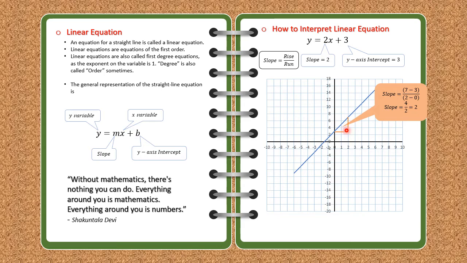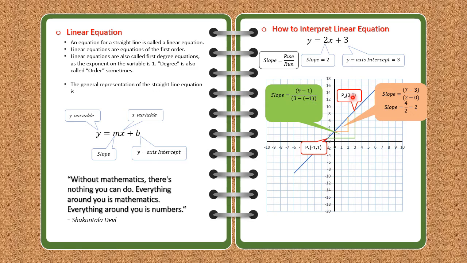Let's get another 2 random points. Let's take for example (-1, 1) and (3, 9). This is the rise and this is the run. Let's calculate it.